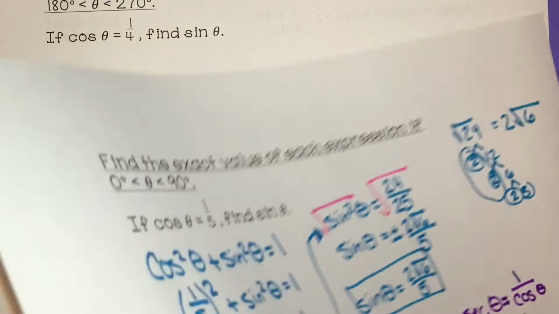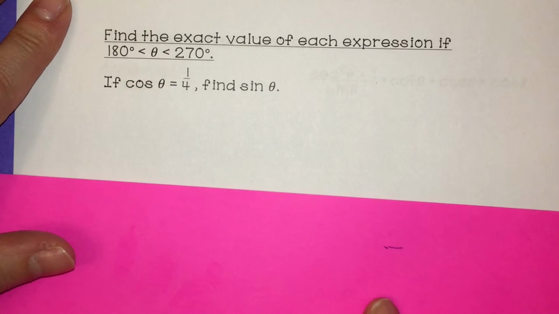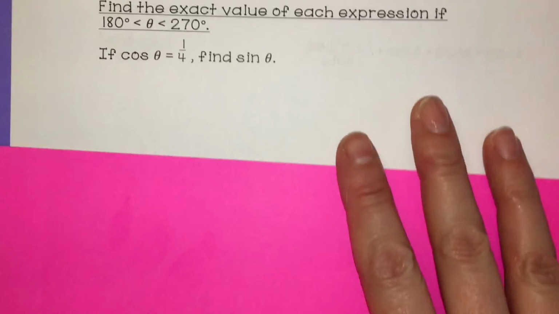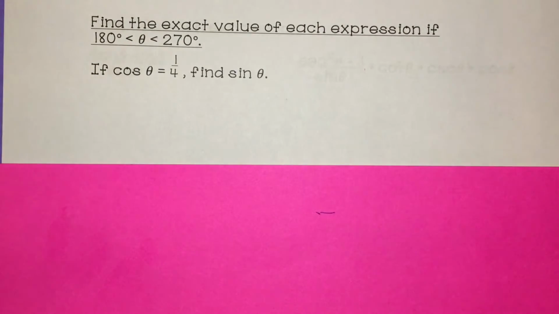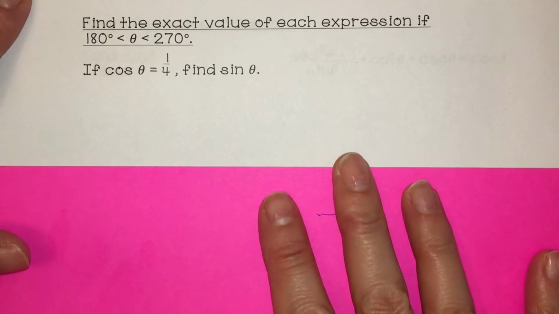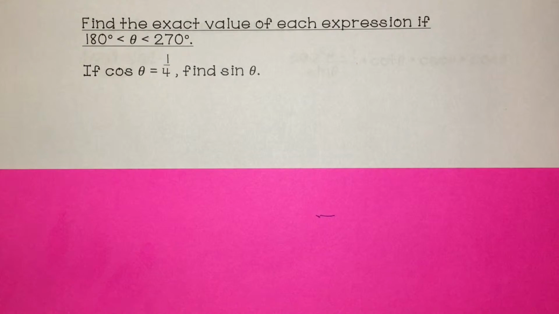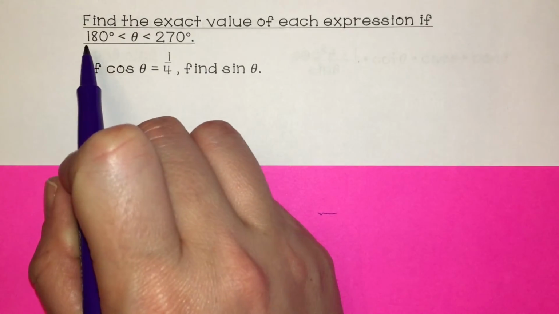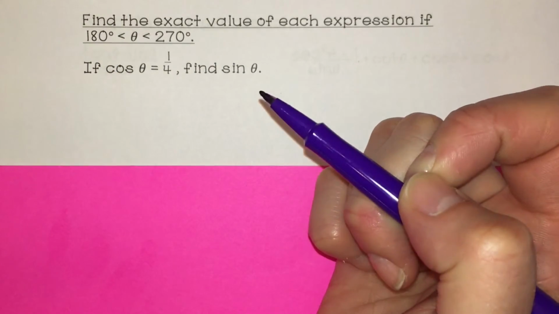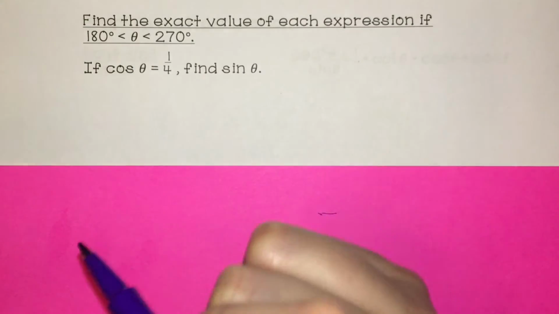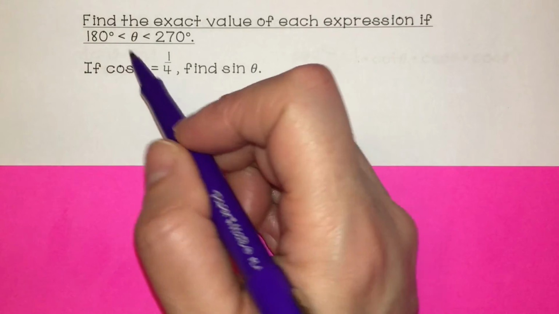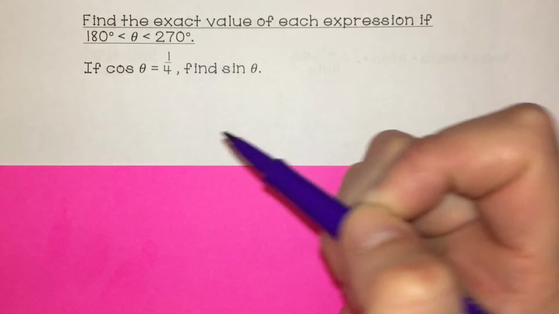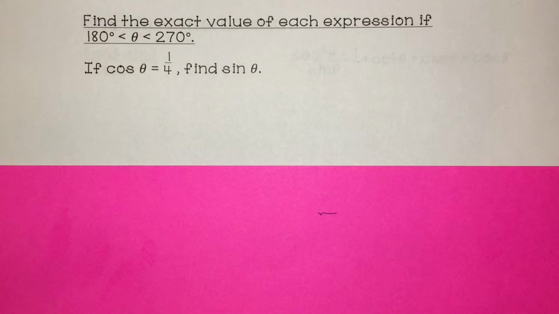All right, let's try another one that's in a different quadrant. On this one, angle theta is between 180 degrees and 270 degrees.